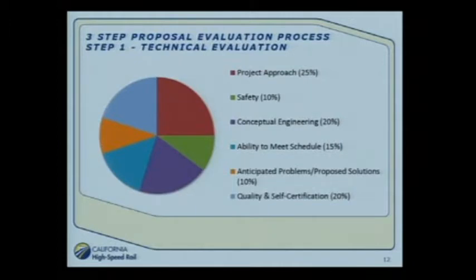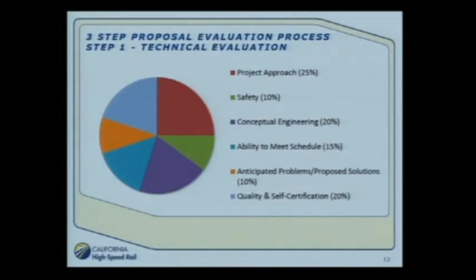We're going to have, there are 5 proposal teams, and we hope and are confident that there will be 5 proposals submitted. And so the first evaluation process will be to go through and have a technical evaluation, and these are the weightings that we'll put on the various subject areas that we'll be looking at: project approach, safety, conceptual engineering, ability to meet the schedule, anticipated problems and solutions, and quality and self-certification.